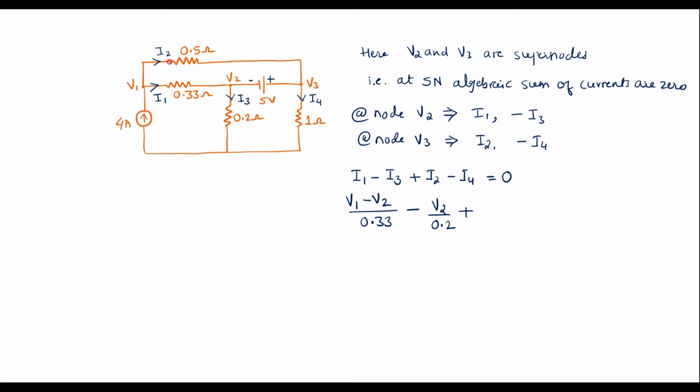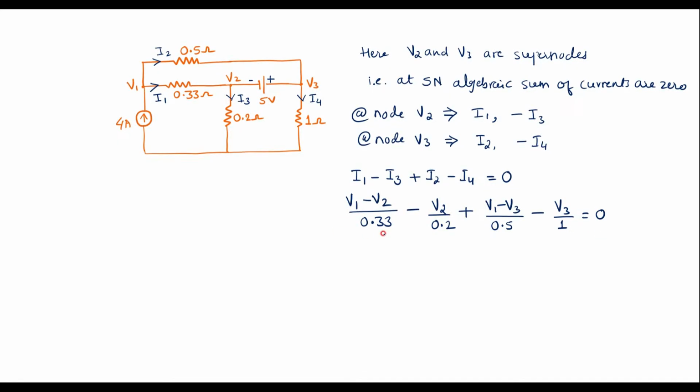I2 is the current flowing from V1 towards V3, so we should write it as V1 minus V3 divided by 0.5. And I4 is nothing but V3 divided by 1. That is V3 by 1 is equal to 0.